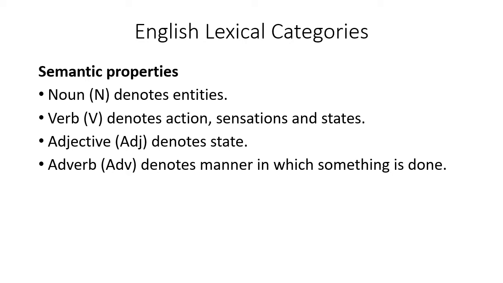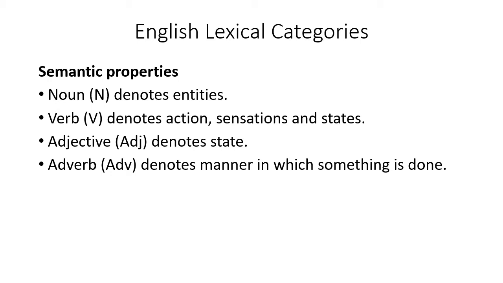As I mentioned earlier, the classification of lexical categories reflects a variety of factors, and lexical categories have semantic, morphological, and syntactic properties. Therefore, English lexical categories can be distinguished from each other based on these properties. Let's observe each property.